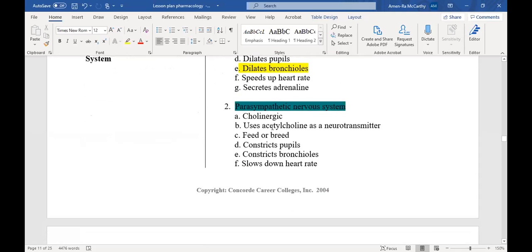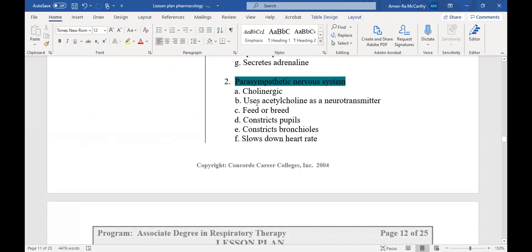All right, second part of the nervous system is the parasympathetic nervous system. Parasympathetic, so here's another list of your AKAs you need to be writing. Parasympathetic, AKA cholinergic, AKA parasympatholytic. All right, so let me write that beside here.